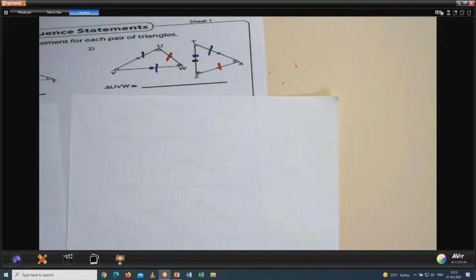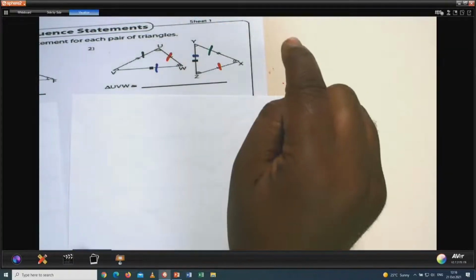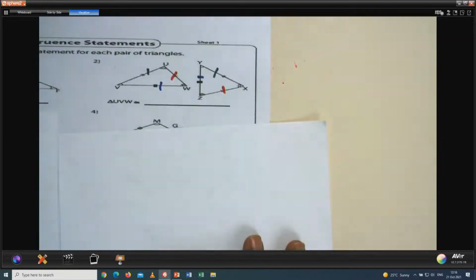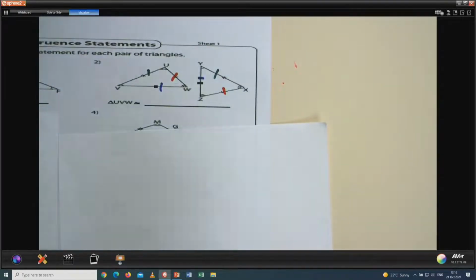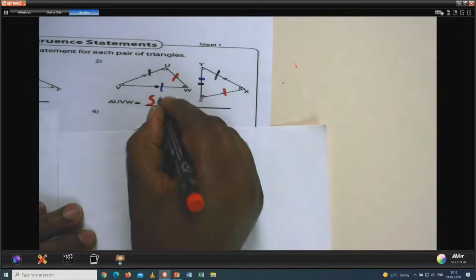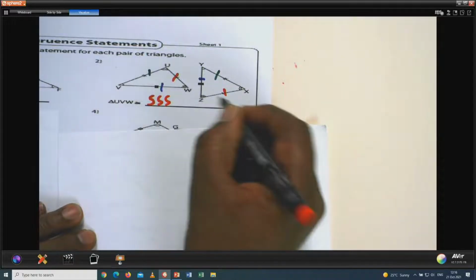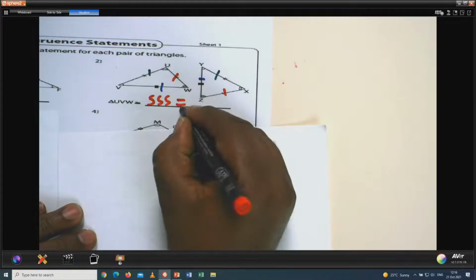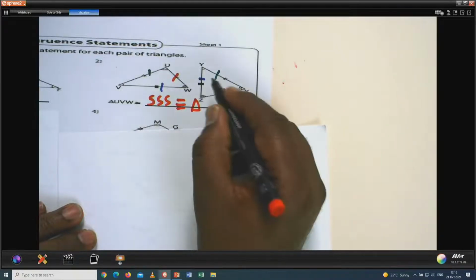Now let's analyze. Side, and a side. Therefore, there are three sides equal. Side, side, side. Therefore, the triangle is congruent to the other triangle.